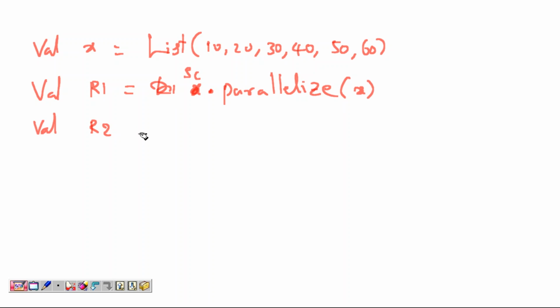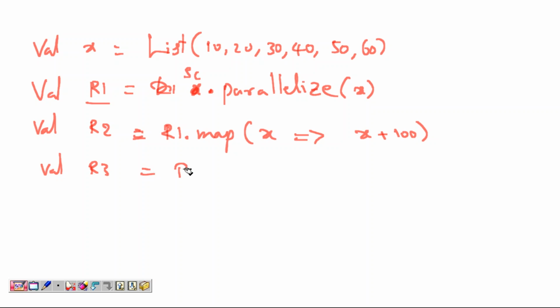Val R2 is equal to. Now R1 is an RDD. R2 is equal to R1 dot map of x plus 100. Next, val R3 is equal to R2.